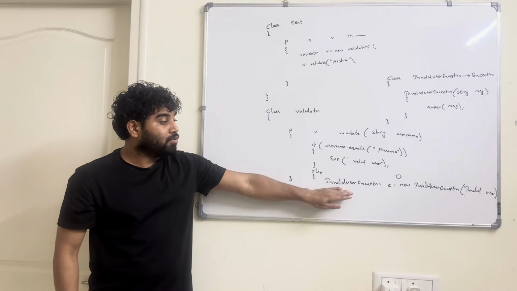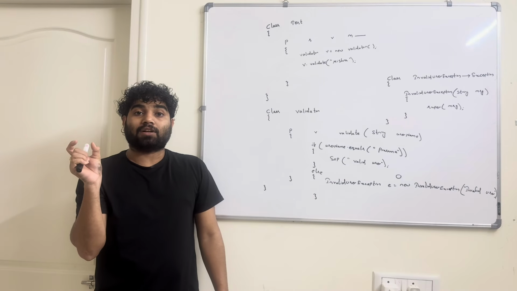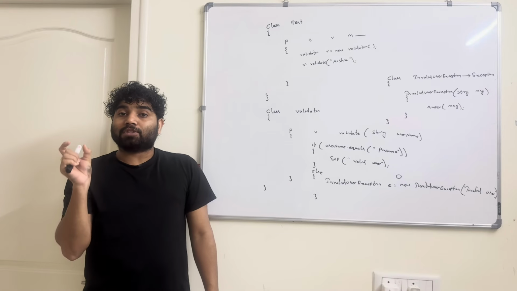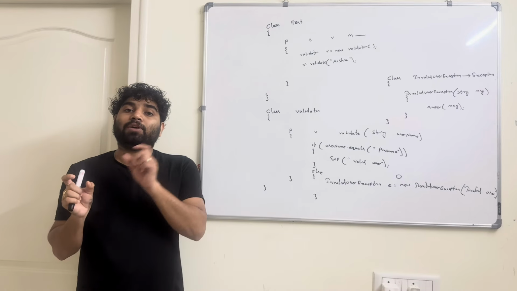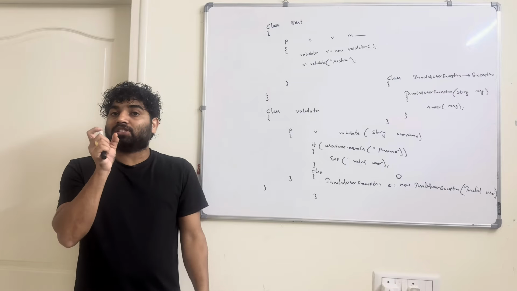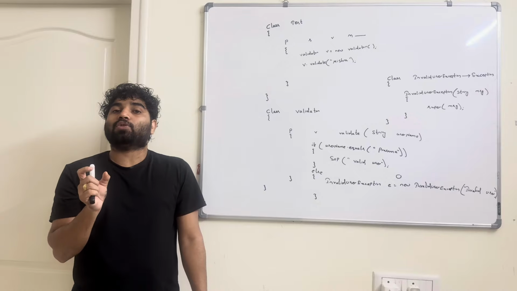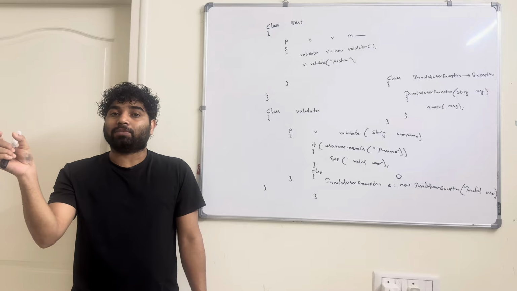But those classes are predefined exception classes, and they are known by the JVM itself. That is why the JVM knows that when this exception comes, it will create this respective class object.